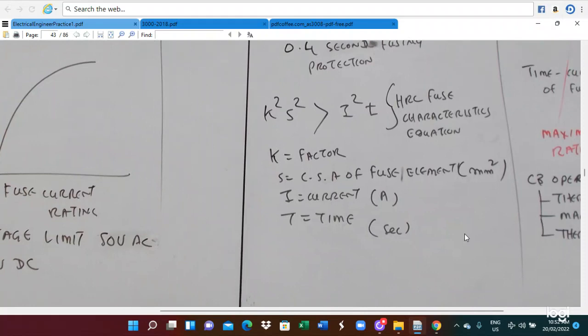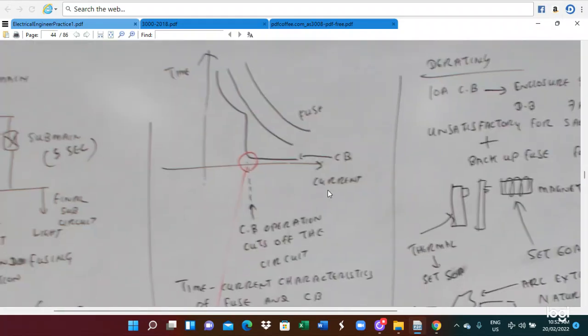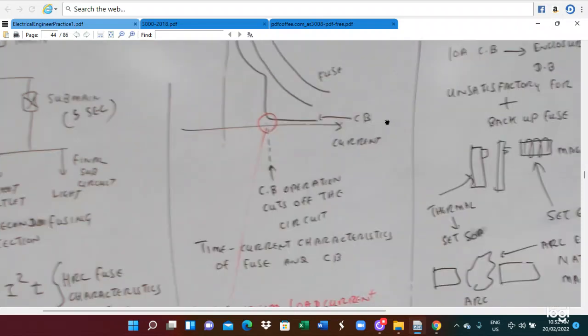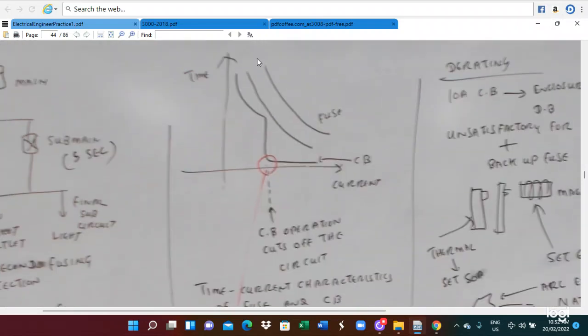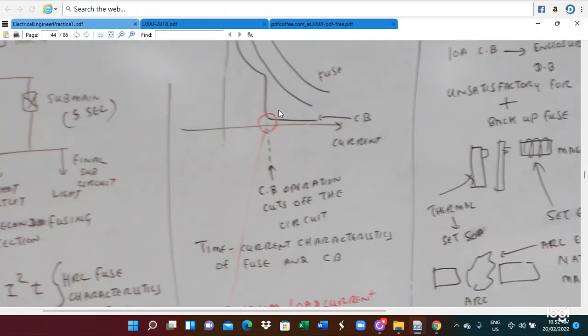The next one is that we calculate the fuse currents, the characteristic of the fuse. These line graphs are determined as a fuse characteristic. This one is a circuit breaker characteristic. The red point is the circuit breaker operation cut-off time.